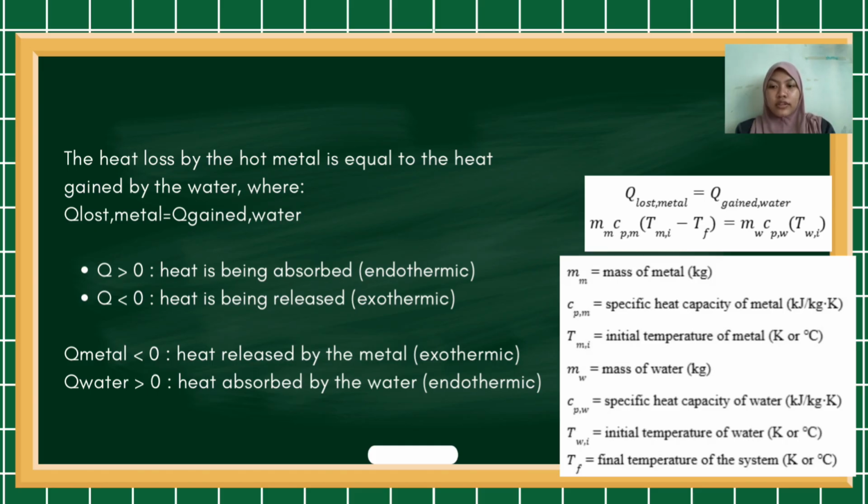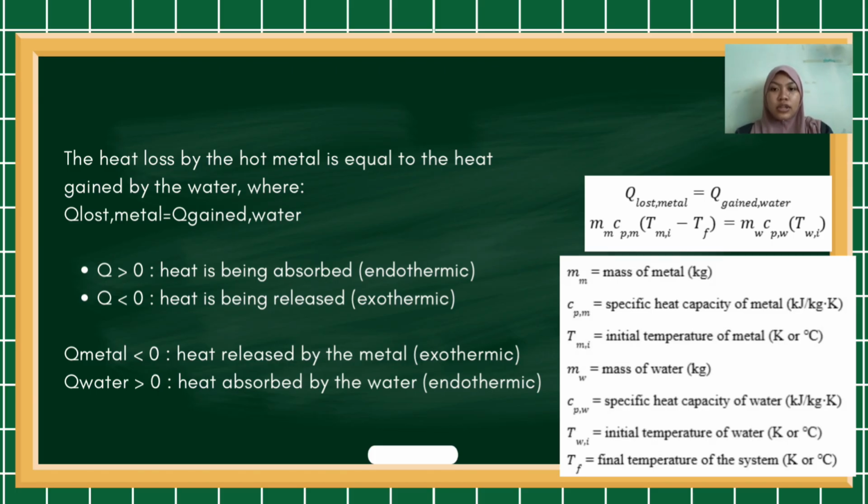If Q is greater than 0, heat is being absorbed, which is an endothermic process. When Q is less than 0, heat is being released, which is an exothermic process. Q metal is less than 0, which means heat is released by the metal, going through an exothermic process. Q water is greater than 0, heat is absorbed by the water, going through an endothermic process.